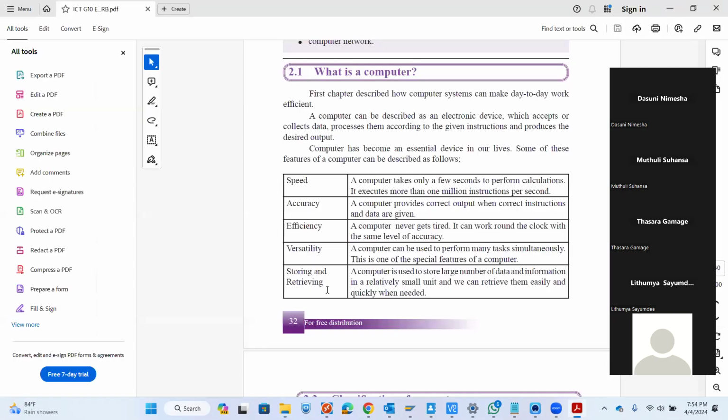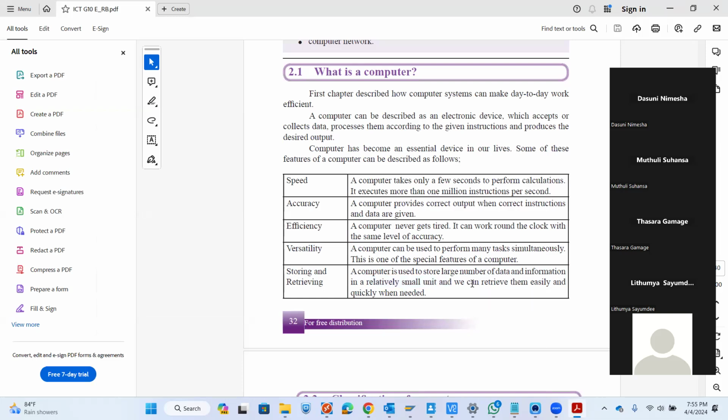So it's storing and retrieving. You can remember how lengthy that task is. Simply I can say storing and retrieving, but there is so much theory behind that. A computer is used to store a large amount of data and information. Someone can ask, how do you save a large amount of data and information? Using files, a relatively small unit, and we can retrieve them.